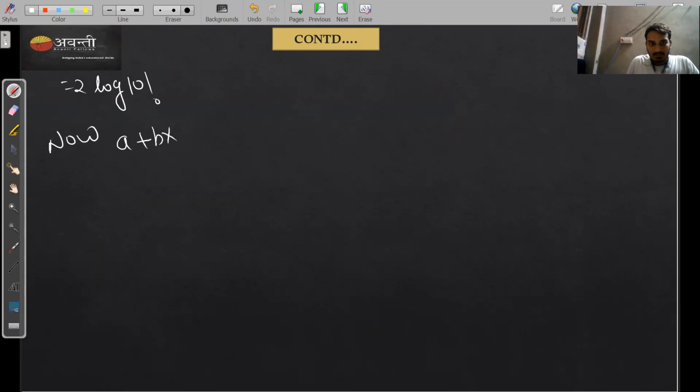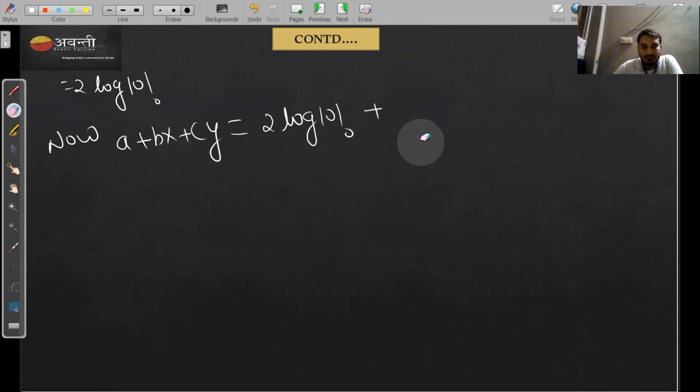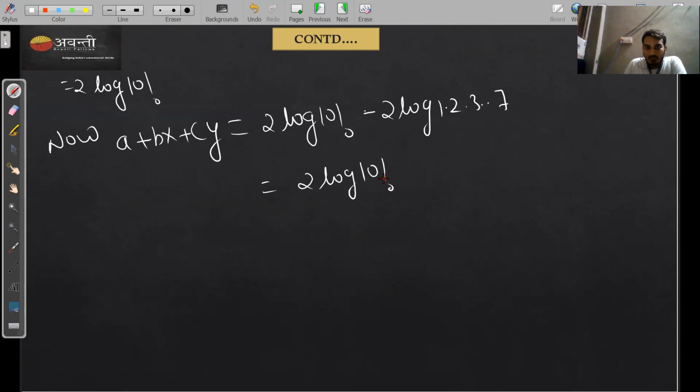Now a plus bx plus cy can be written as 2 times log 10 factorial, sorry, it was minus, right? Minus 2 times log 1 plus log 2 plus log 3 up to log 7, which becomes 2 times log 10 factorial minus 2 times log 7 factorial, right?